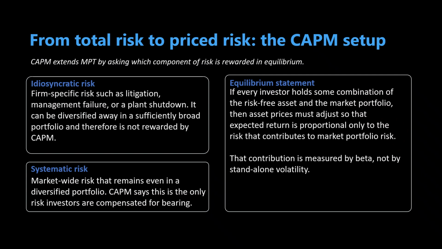Because this risk cannot be diversified away, investors must be compensated for bearing it. According to CAPM, this is the only risk that is priced in equilibrium. We dive deeper into the CAPM in the following slides.